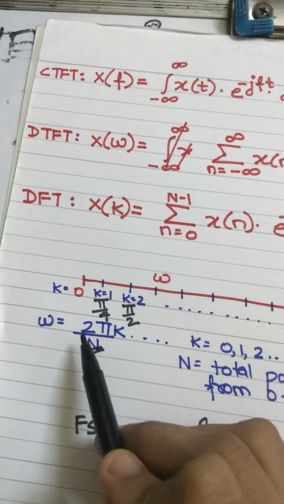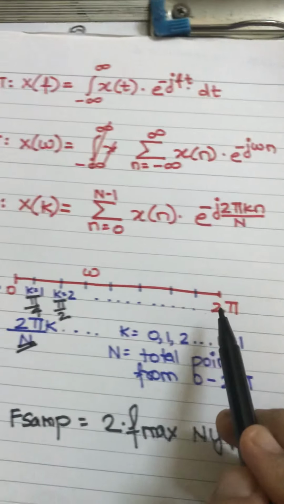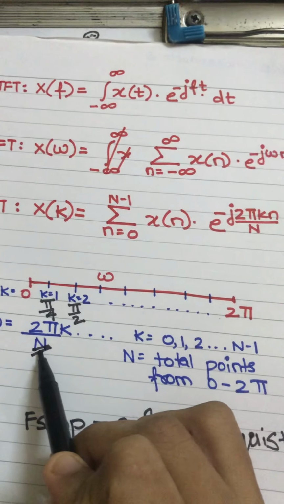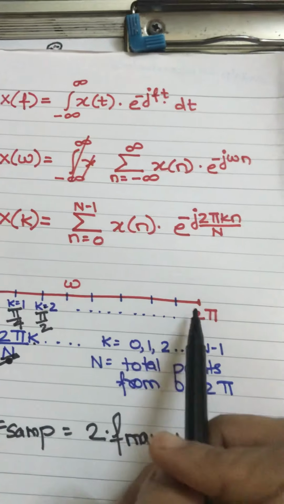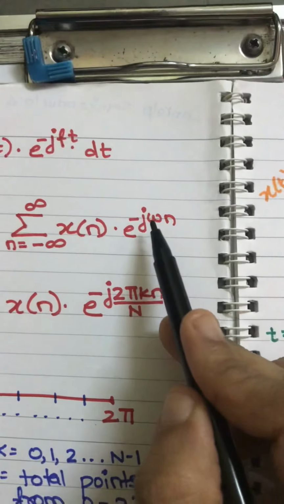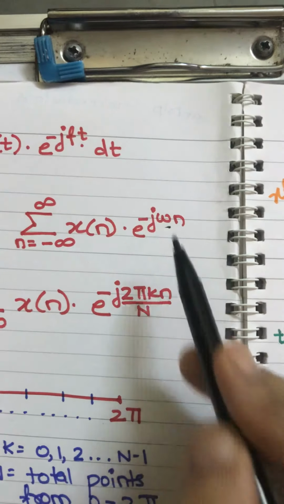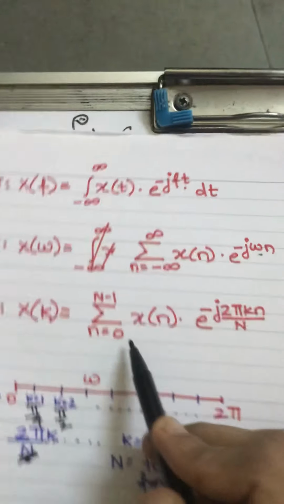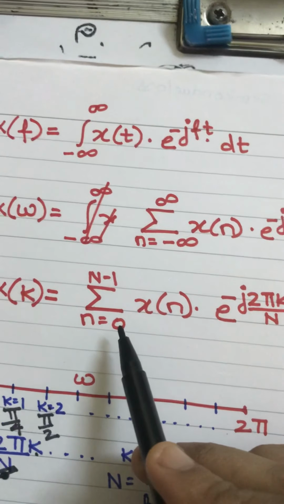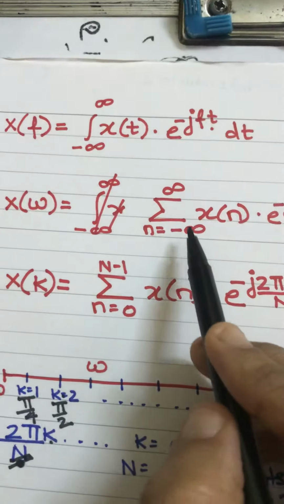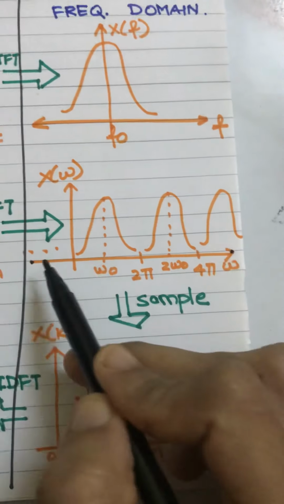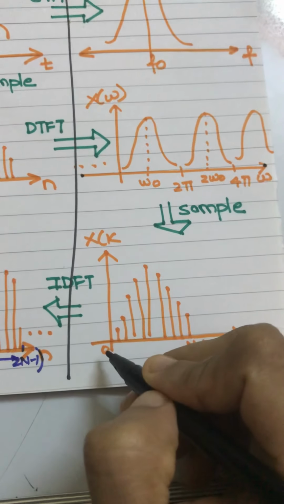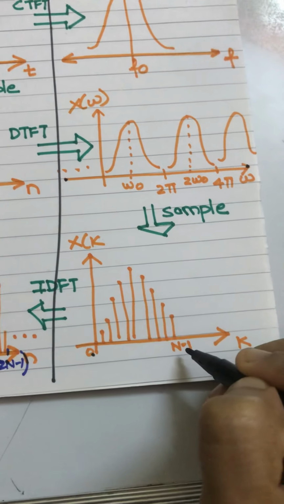So, now W is equal to 2 pi, that is the whole range, divided by N, that is the total number of samples, and k stands for the index of the sample. So when I replace this W here with 2 pi k by N, this is what I get. And now, rather than going from minus infinity to plus infinity, which is the range of this signal, we are just sampling it from 0 to N minus 1.